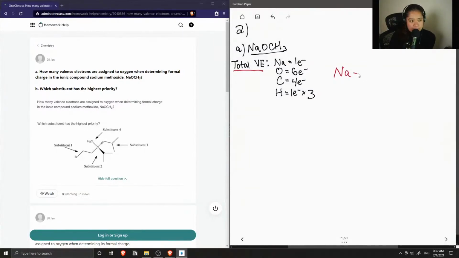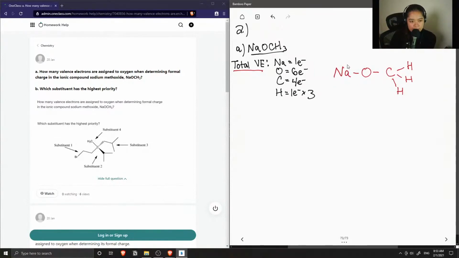Okay, so now we can draw a general skeletal structure. So carbon has the 3 single bonds to the hydrogens, and the sodium and the oxygen are bonded together through an ionic bond.